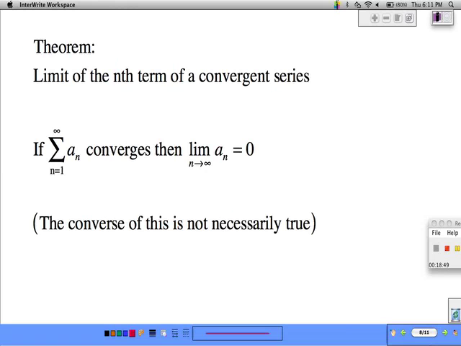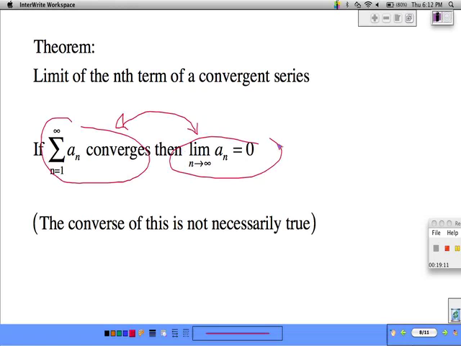We can't say that if the limit of the last term goes to 0, then the series will converge. That statement does not work. This is true, but the converse, flipping these two statements around, that doesn't work.